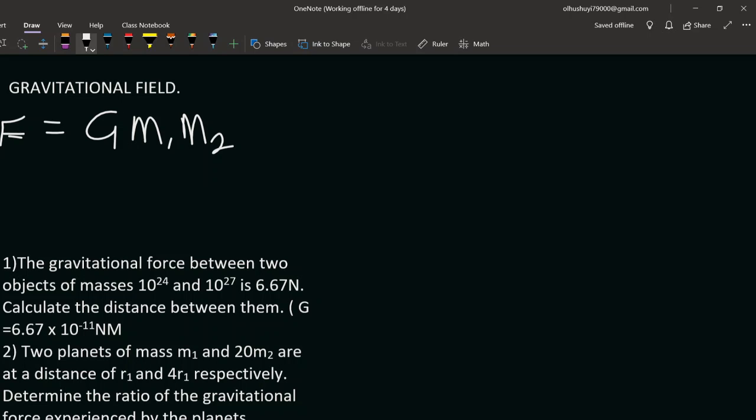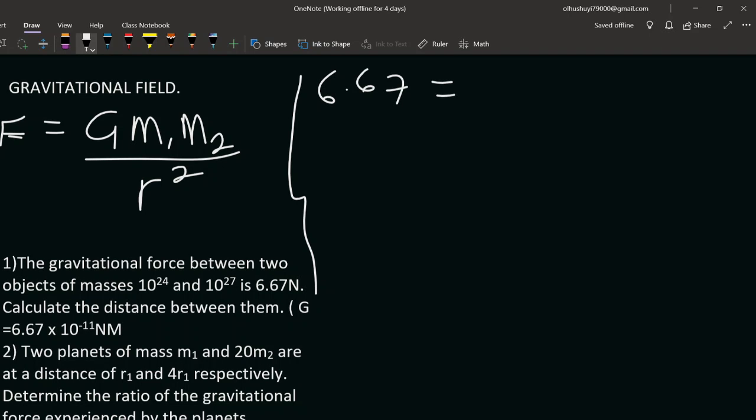Having gotten that, then relate it to the distance between them. It's always denoted by r squared, the distance squared. Such that we can now solve the question, because the force is 6.67.